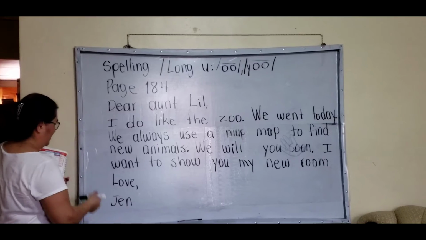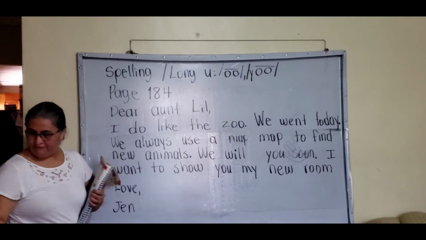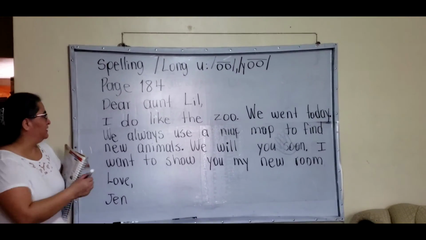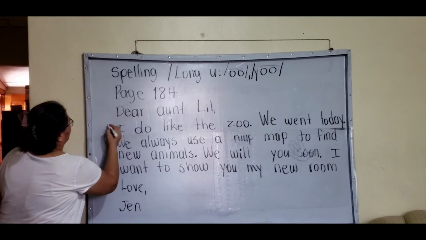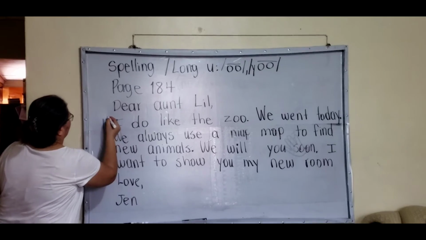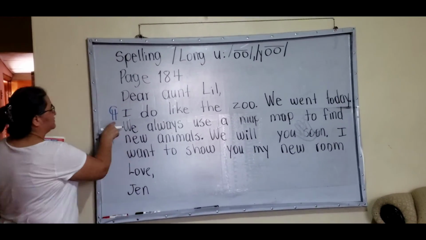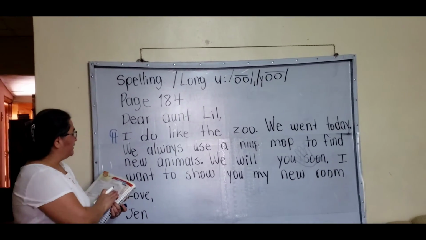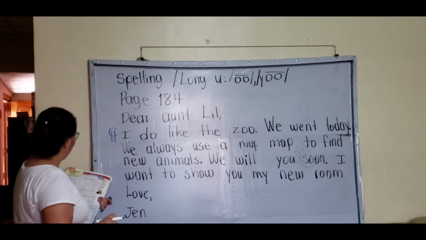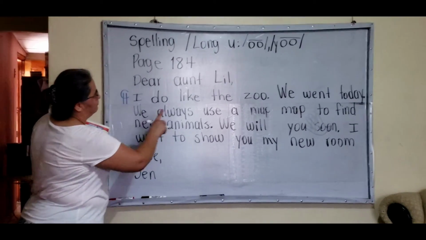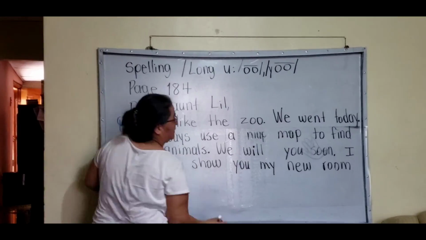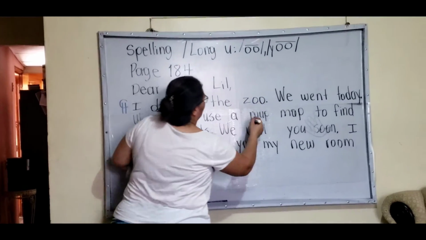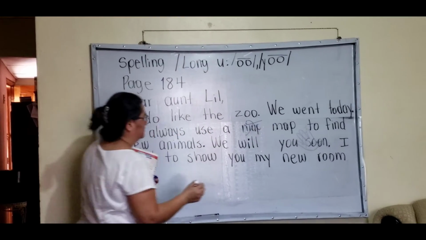At the beginning, we have to make an indent, so here we are going to make the sign to show that we need an indent. Then we continue reading the paragraph, and we find we always use a map and map. We will erase one, and we use this sign to erase it.